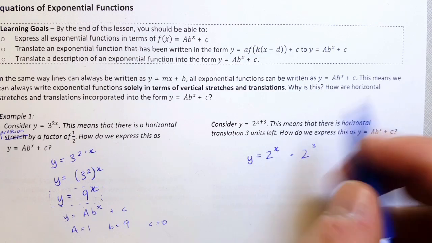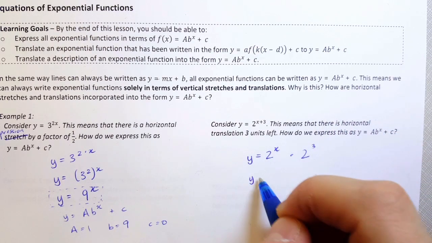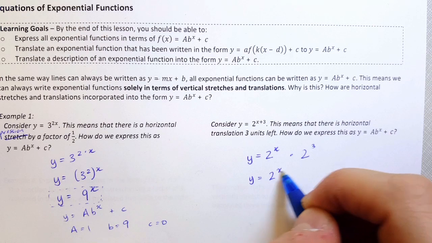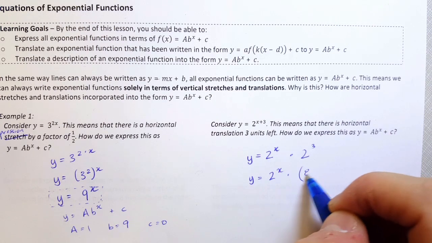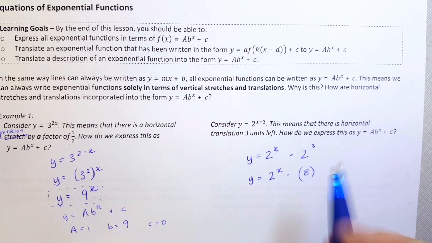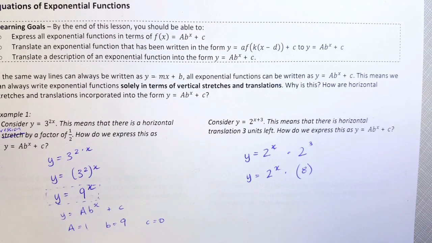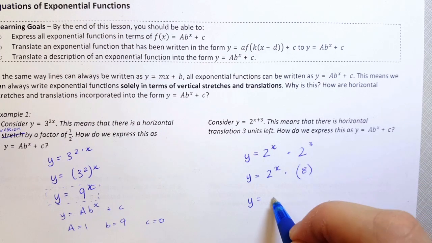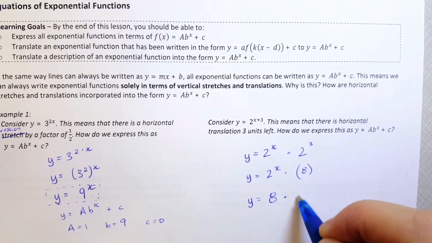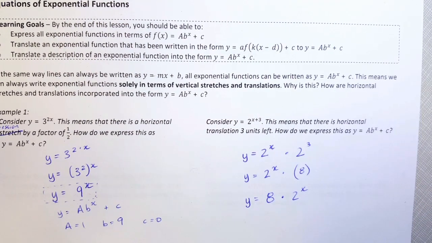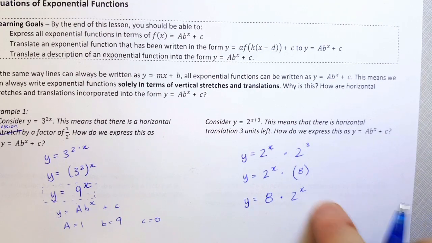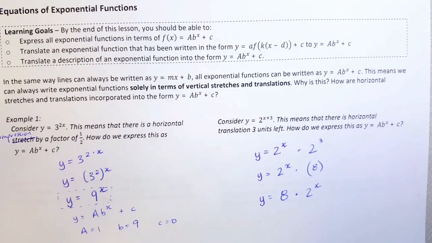Well, I can evaluate this because 2 to the power of 3 is a constant. So y is 2 to the power of x, times 8, okay? And I'm going to rearrange this into this format right here. y is equal to a b to the power of x plus c, so y is equal to 8 times 2 to the power of x, and then I don't have any term after that.